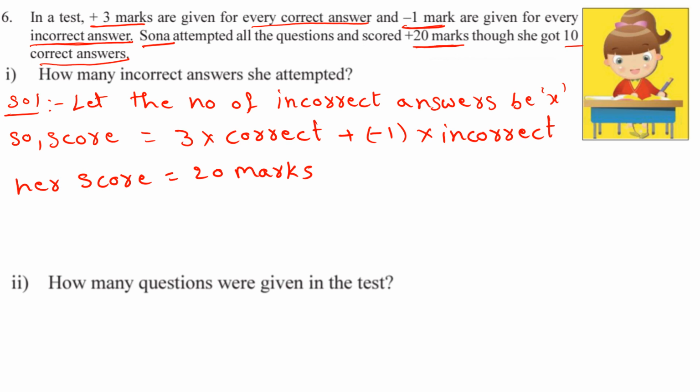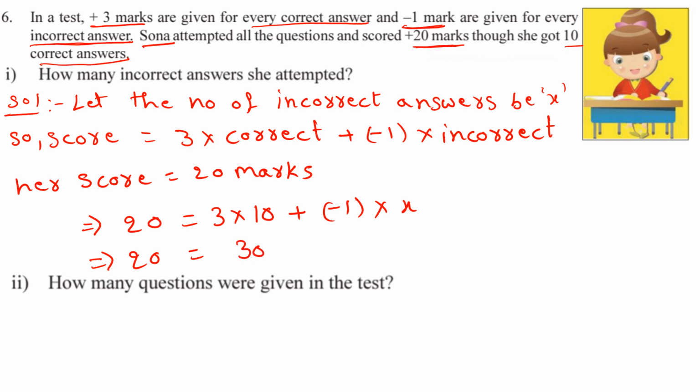So apply that here. Score equals 3 into correct plus minus 1 into incorrect. Which implies 20 equals 3 into the correct answers she got, that is 10, so 30, plus minus 1 into incorrect answers, that is x, so minus x. We call this an equation, children.